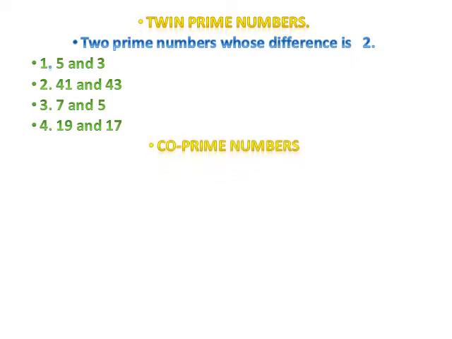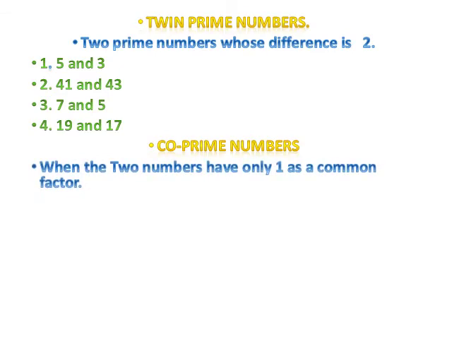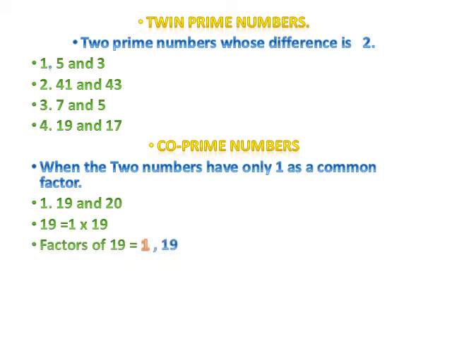Let's see co-prime numbers. When two numbers have only 1 as a common factor, those numbers are called co-prime numbers. For this we have to see the factors. See here, 19 is a prime number, so its factors are 1 into 19; the factors of 19 are 1 and 19.